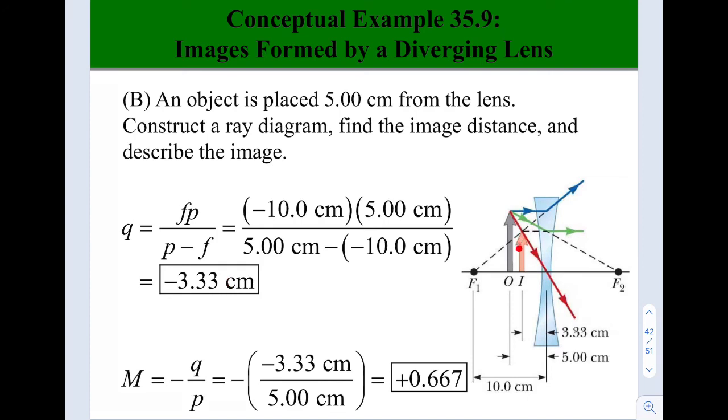Again, your image is in front of your lens, a virtual image. Then for the lateral magnification, you will get positive 0.667. It means you have an image smaller in size compared to the object, and it is upright.